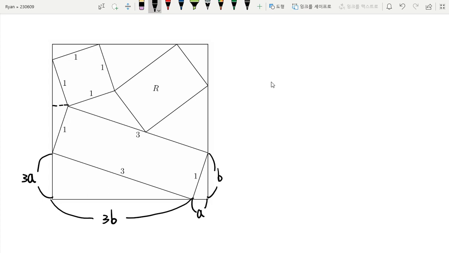And these two triangles are congruent because the hypotenuse is 1, so we can use B for these lengths. If we make this right triangle, this length is still A and B. Let's say this angle is theta.